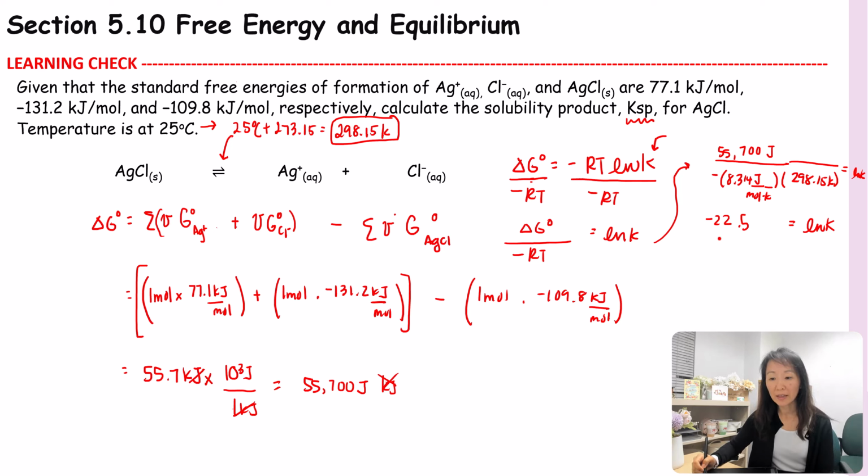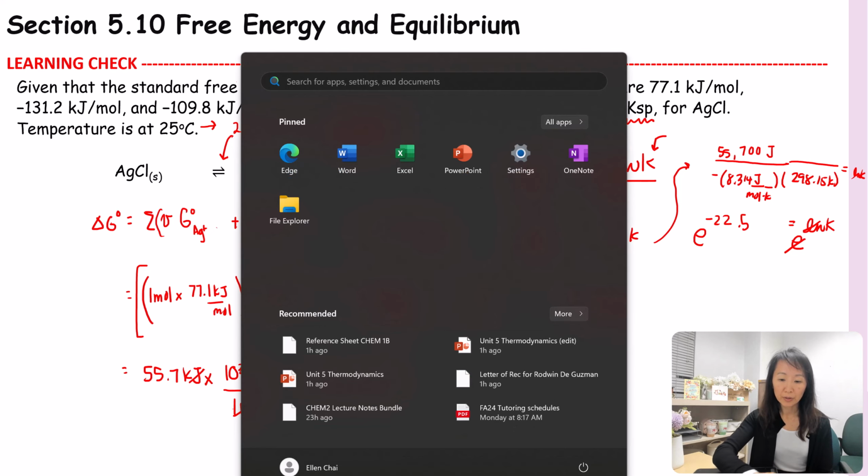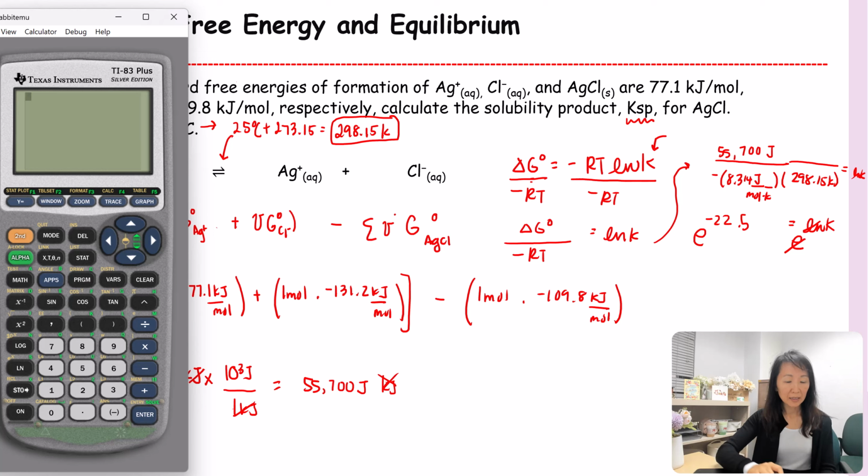So now how do I get rid of ln? To get rid of ln, if you look in your calculator, there should be an anti-log, or I'm sorry, not anti-log, anti-ln. So it will be the e to the power of something. So there is e to the x, and that will cancel out the ln. Now, where is this e on your calculator? So I will show you in mine. So the e is right here. So you see the ln, and you should see e to the x on yours, where the ln is.